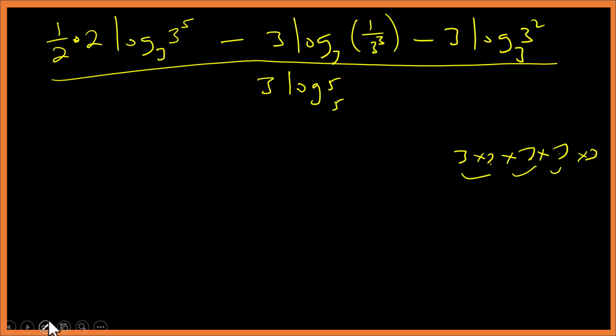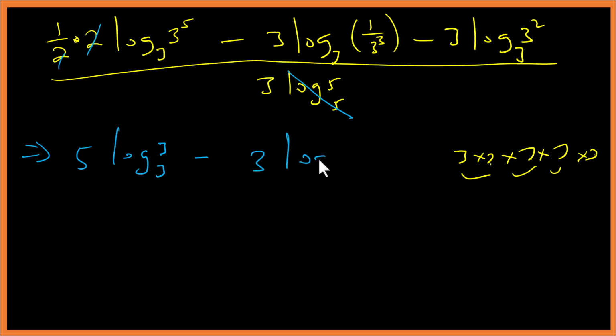So the denominator here will be straight away 1, and this one will cancel this, so I'll be left with, remember the 5 will come here again, that will be 5 log 3 to base 3 minus, and this side will be 3 log, so don't forget this one will be 3 to the power minus 3.